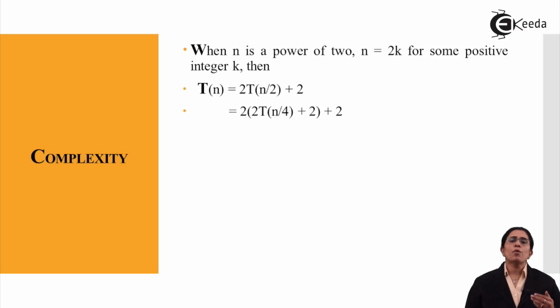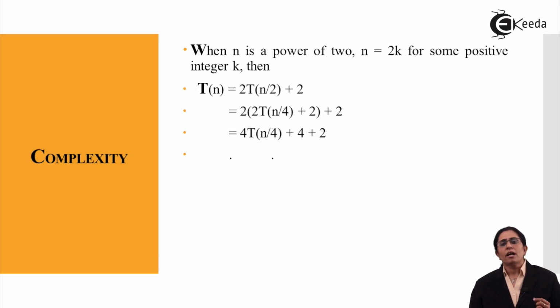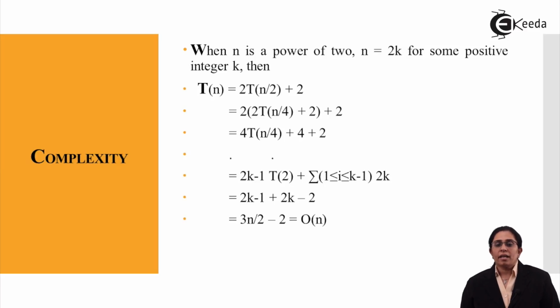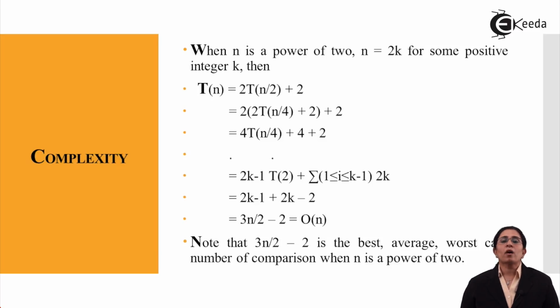As my problem is subdivided, it is again and again going by 2T(n/4) + 2 + 2, and this will continue further till it is subdivided to a solution where I can find a solution to my complete problem. And then in the end we say it comes to big O of n, and note that 3n/2 minus 2 is the best, average and the worst case number of comparisons when n is a power of 2.